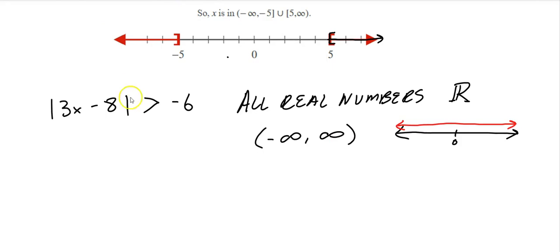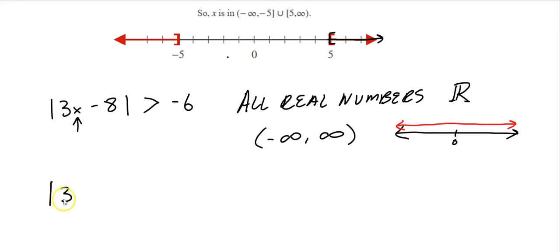Well, no matter what number I plug in to x here, I can prove it. No matter what number I put in there, it's always going to be greater than that negative, because the absolute value of any number is a distance, a magnitude. So let's do it this way. I put a 1 here.